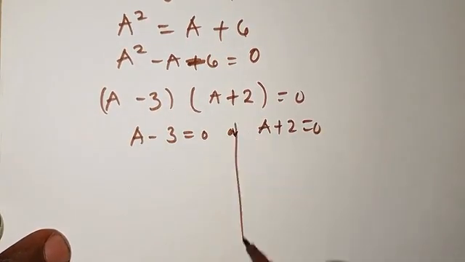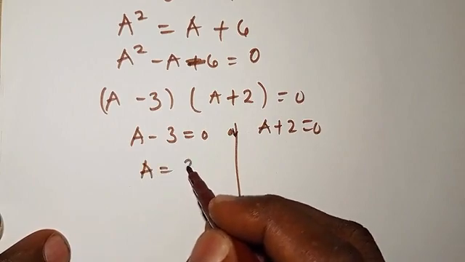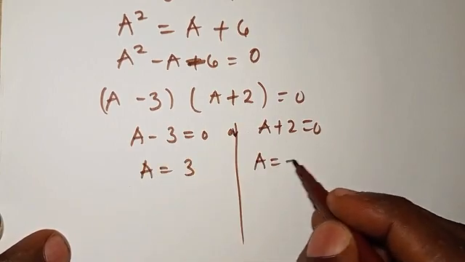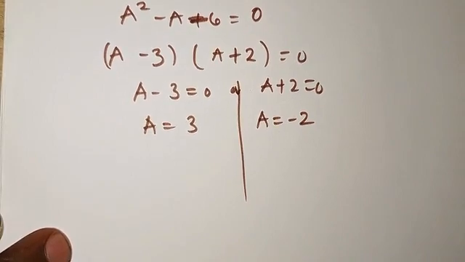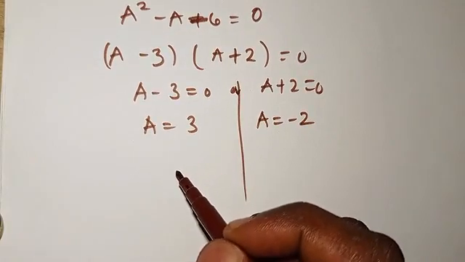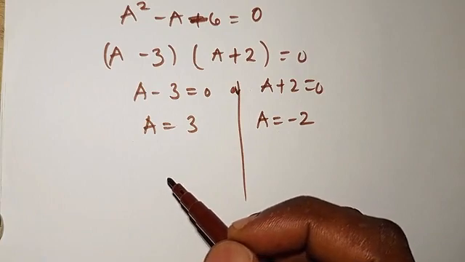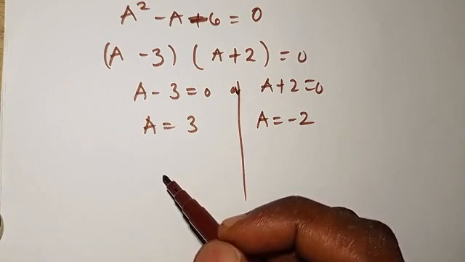So now from there, we can see that a will be 3 and a is going to be minus 2. Are you following? So now since a is 3 and a is minus 2, don't forget that we are not looking for a. What we are looking for is a variable x.